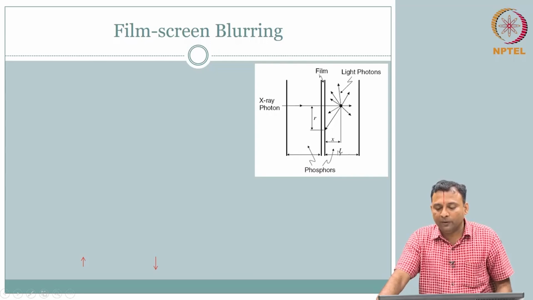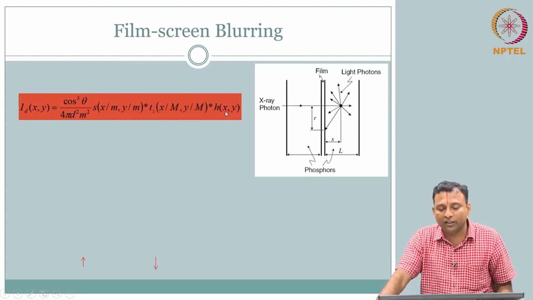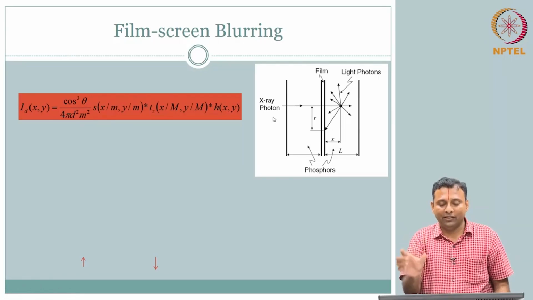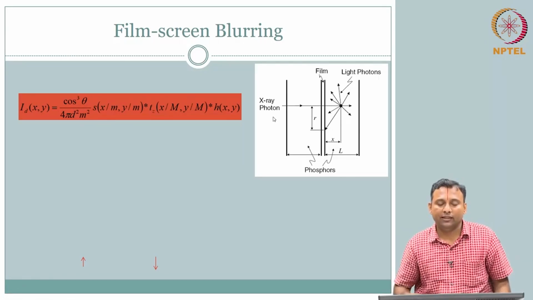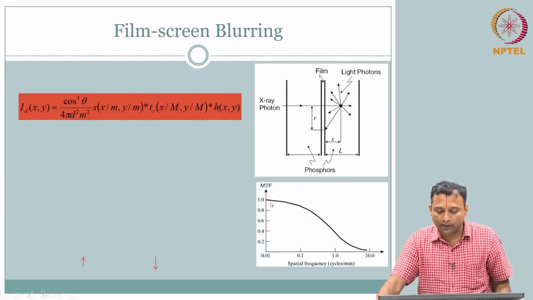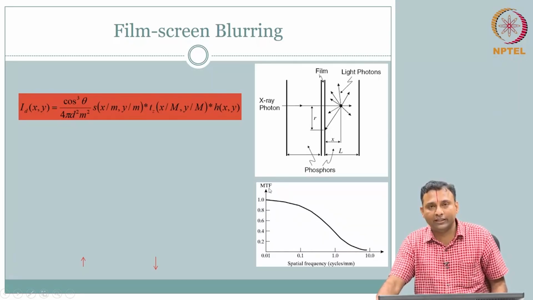The thickness of the film screen has an important role to play, correct? So you can update your imaging equation with just this convolution of h of x comma y. H of x comma y is your screen's response, your film screen, your intensifying screen, this combination. We already used this idea of transfer function, modulation transfer function.